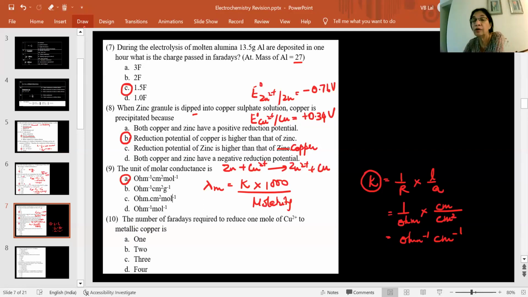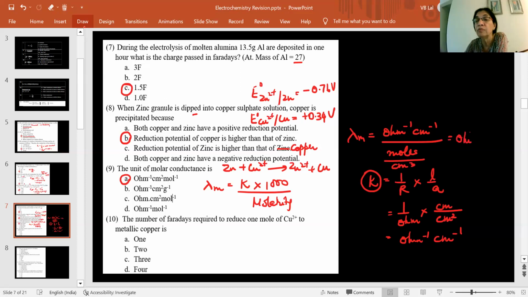All right. Now, if I put that here, what is the unit of this one? Ohm minus 1, centimeter minus 1, divided by moles per centimeter cube. Right? So what will the unit become?